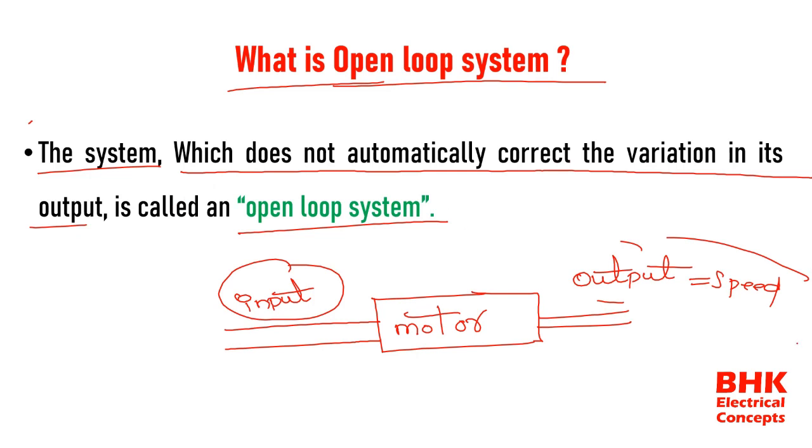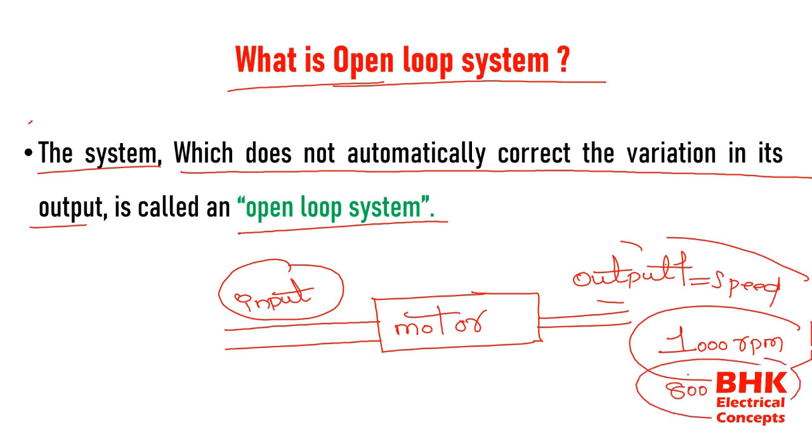We are expecting the speed of the machine to be 1000 rpm, but in the system we are getting only 800 rpm. It means we are expecting 1000 rpm but getting 800 rpm, so this error of 200 rpm is not controlled with the help of this input.